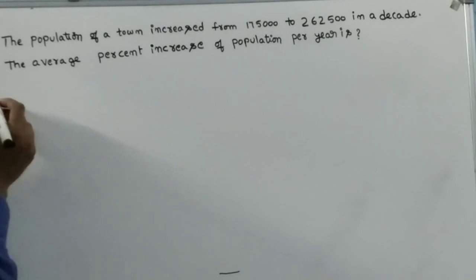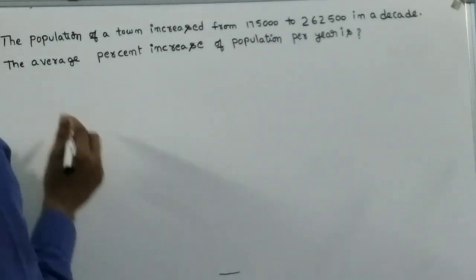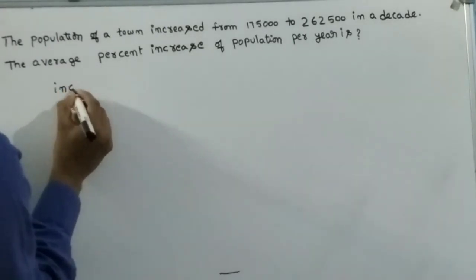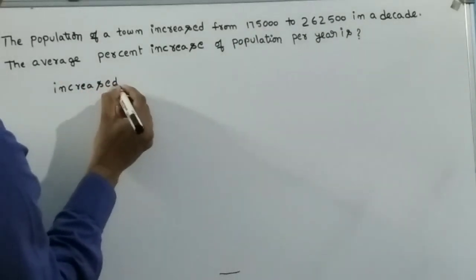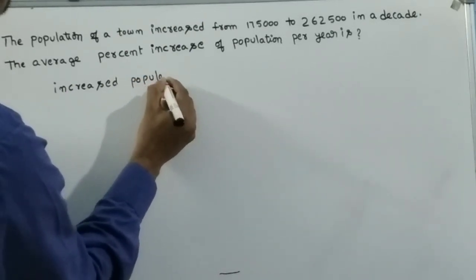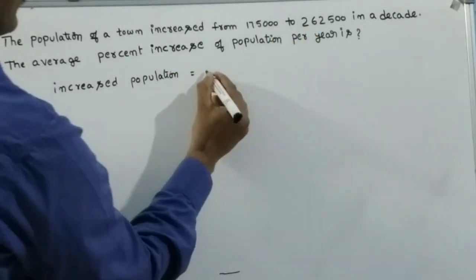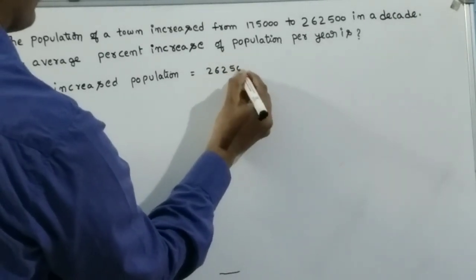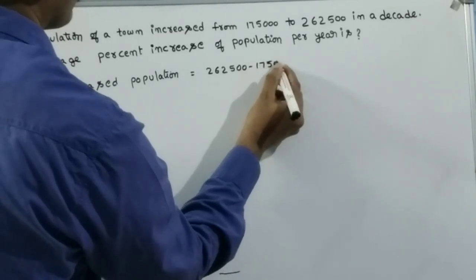First, we have to find out the difference of the population, the increased population. Increased population is how much? 2,62,500 minus 1,75,000.